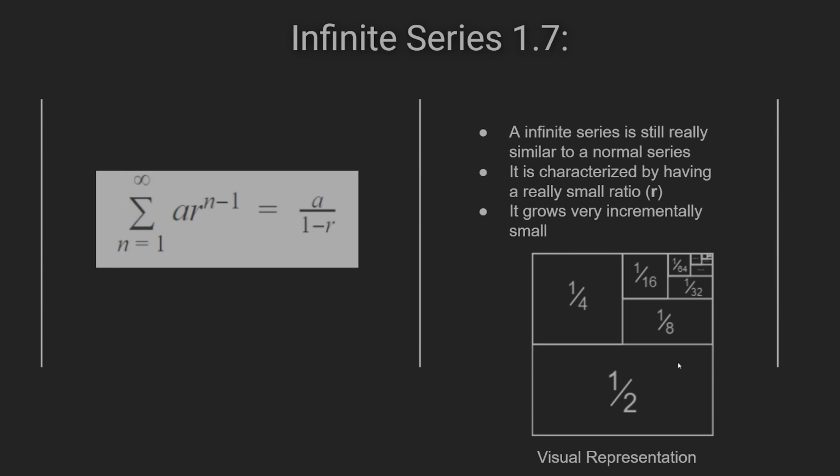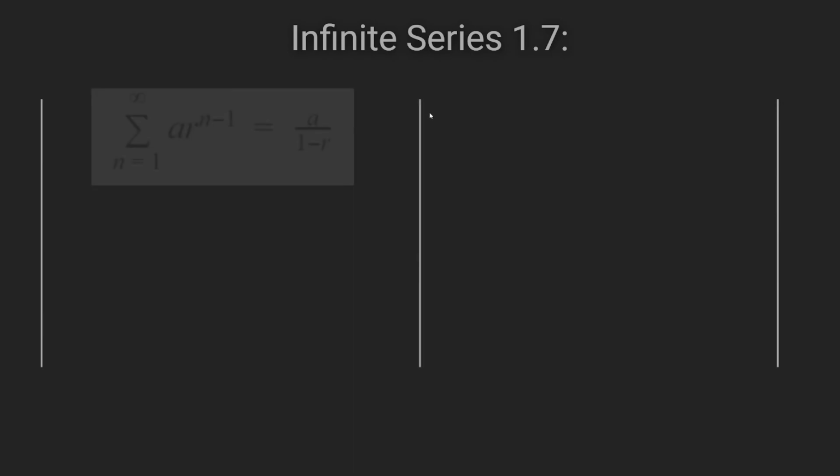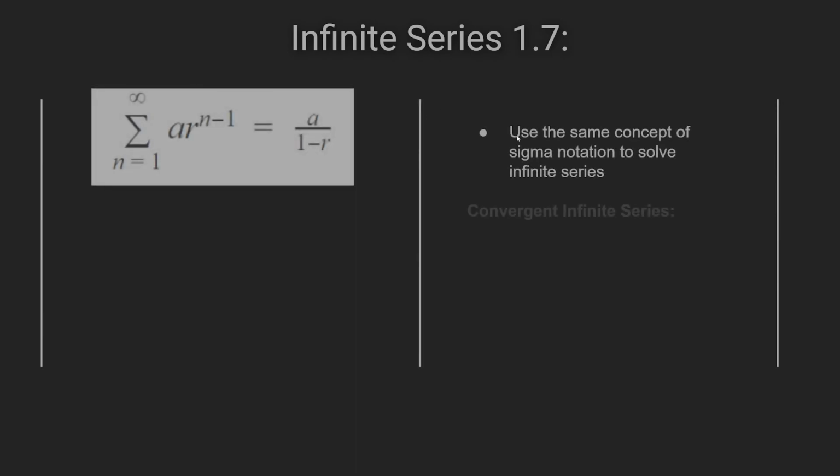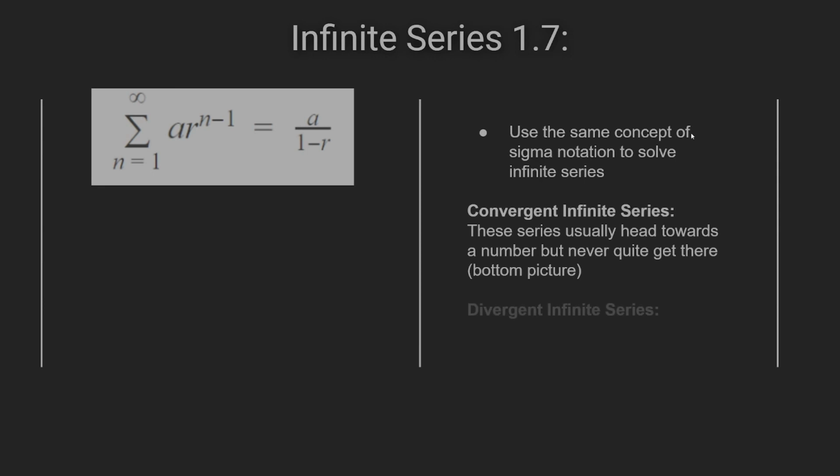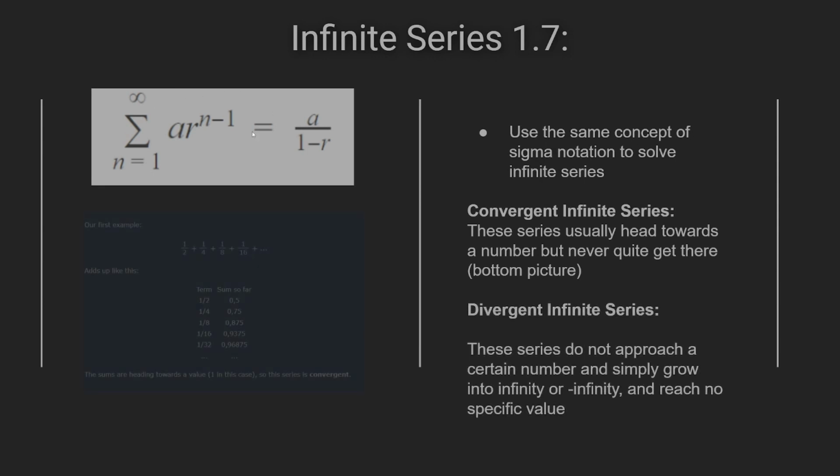This is a visual representation of a convergent infinite series. As you can see, the formula is very similar to what we just showed you, a sigma notation, except that there isn't an endpoint. You can use the same concept as sigma notation since it's a similar concept.